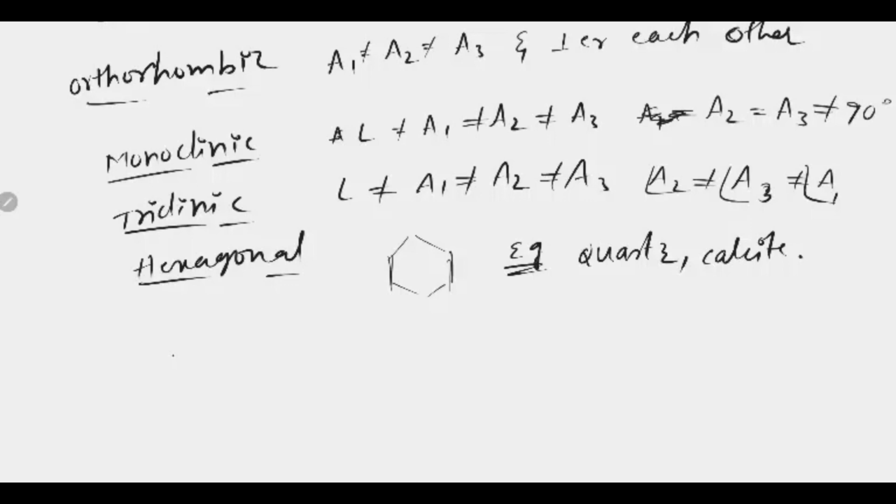Next, rhombohedral system. In this symmetry, similar to the hexagonal system but with three axes of equal length, the angles are not 90 degrees.